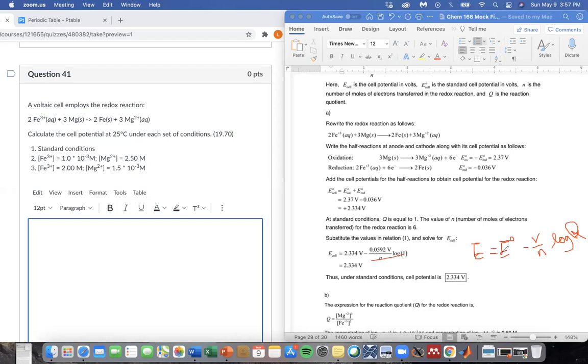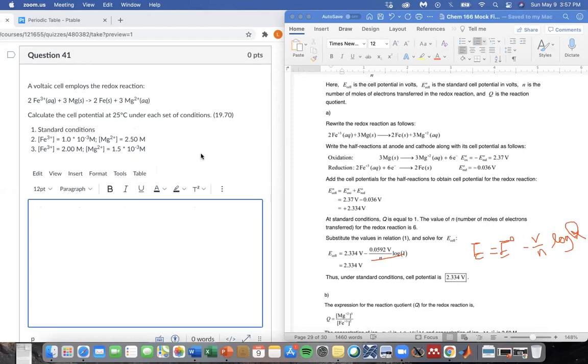And so our E cell actually just equals our E standard, which is just 2.334.